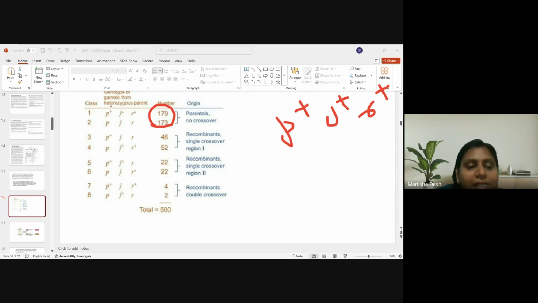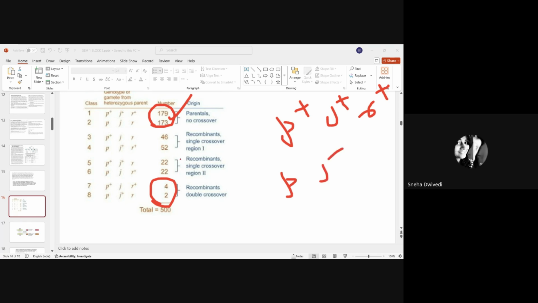So here the parental genotypic combination is P plus J plus R plus. And as I told you, double crossover is very difficult to occur, so the lowest number progeny class will always represent the double crossover. So here what is the genotype of the double crossover? Double crossover is P, J plus R.